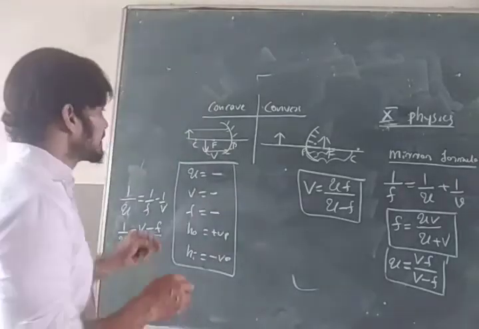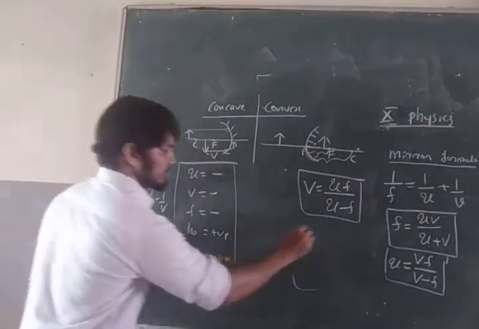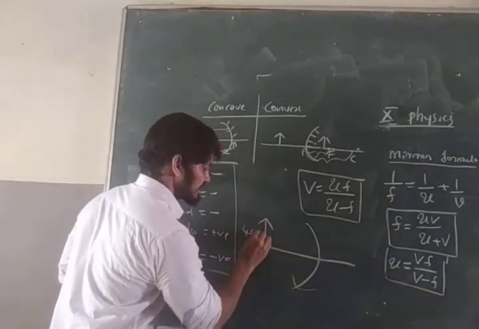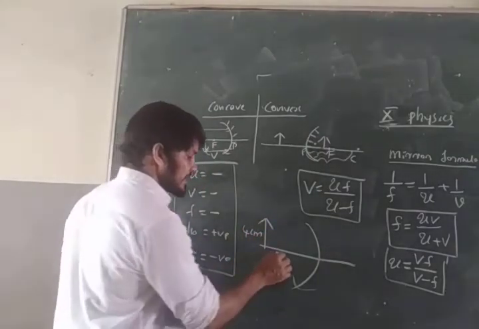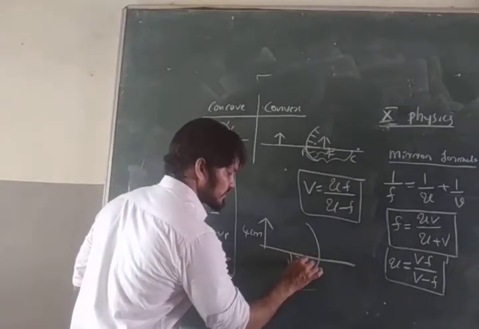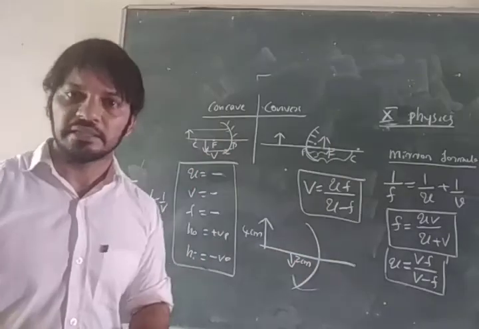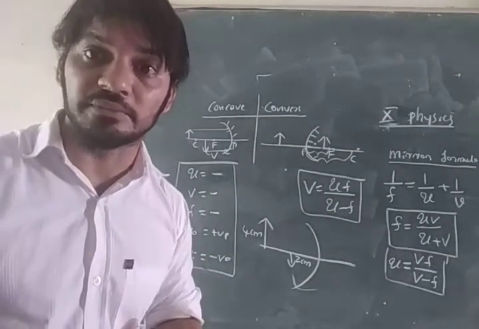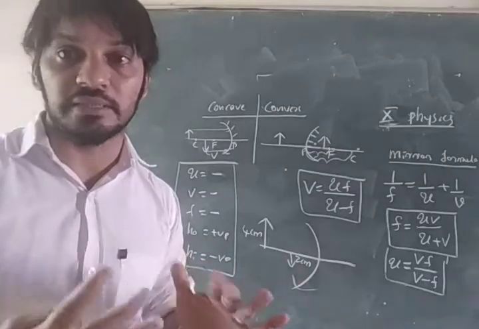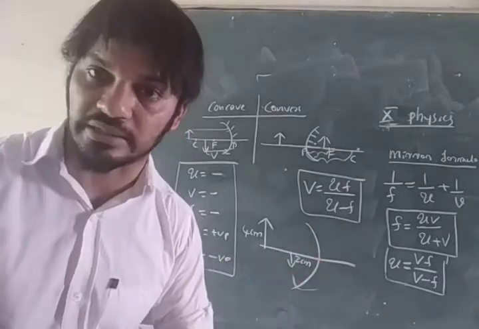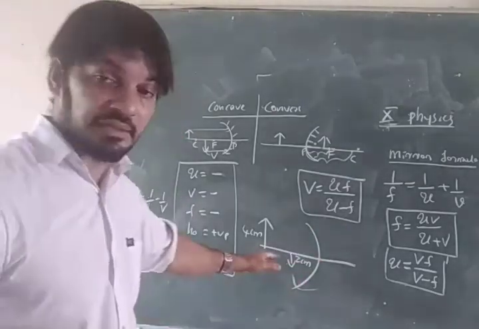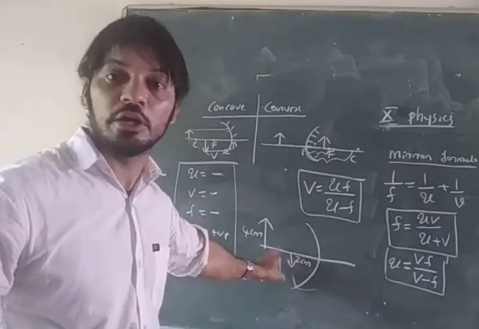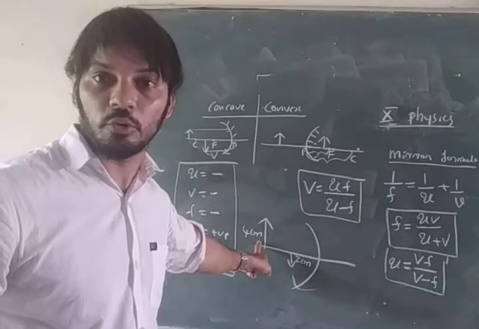Example, here is the object. It is 4 centimeter. And here one image formed, that is 2 centimeter. Magnification means comparing the height of the image to the height of the object.